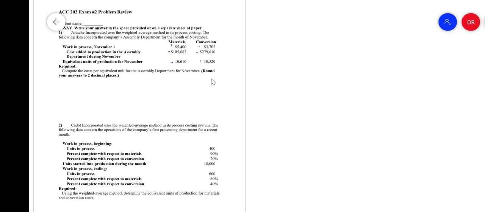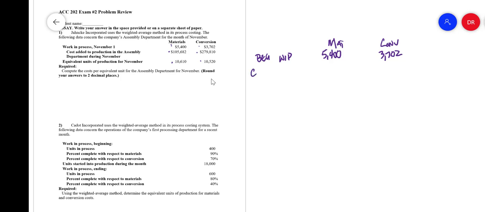So we're going to set up 2 columns. Over here we'll have materials and we'll have conversion. And so we're going to have the cost of beginning work in process for each. And so for materials it's 5,400. Conversion is 3,702.